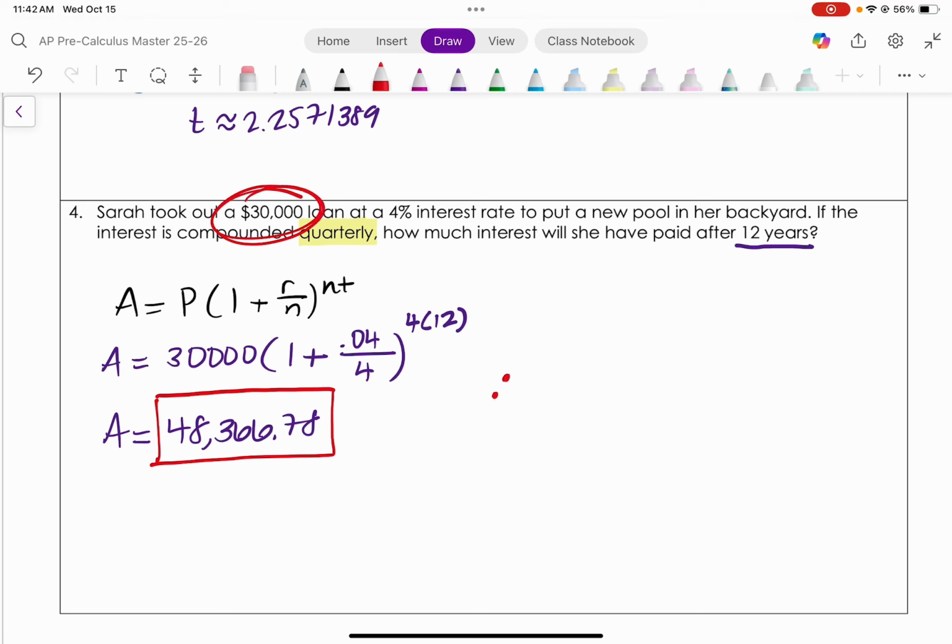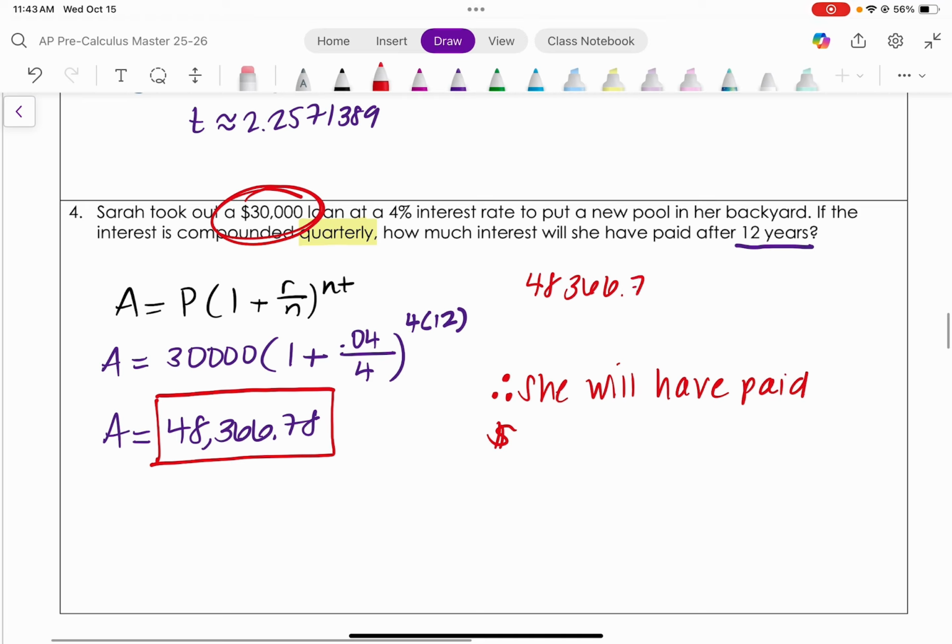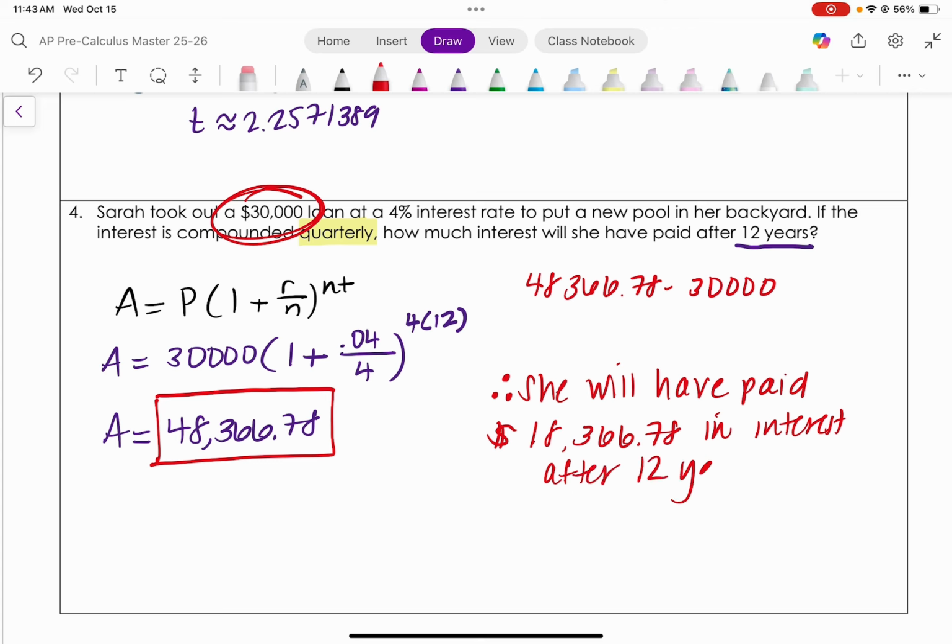So to answer the question, she will have paid, if I take 48,366.78 and take away the original 30,000, $18,366.78 in interest after 12 years.